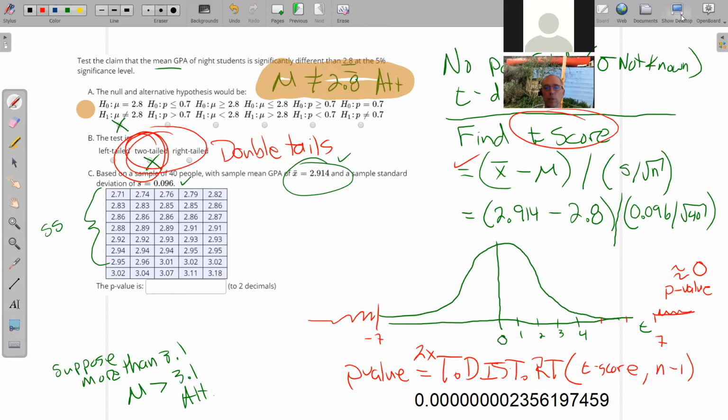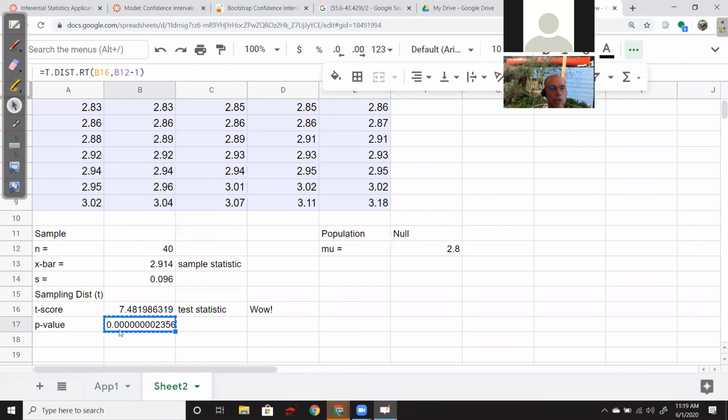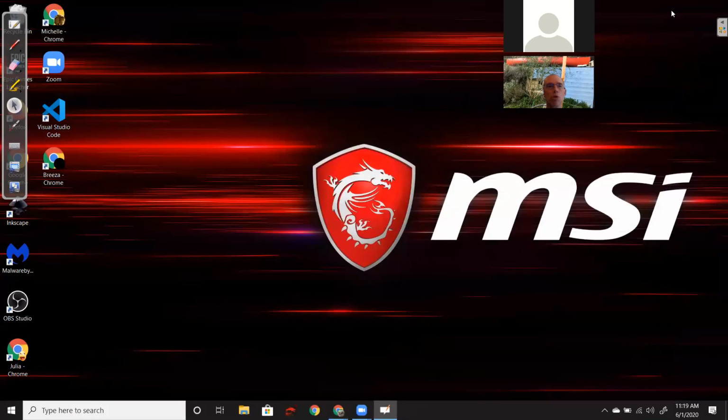So let me fix my spreadsheet. To calculate my p-value here, I actually have to go back here in my formula and multiply it by 2. Okay, but it's still wicked small. It's like 0. If somebody said, hey, what is it to 3 decimal places? It's 0. To 4 decimal places? It's 0. To 5 decimal places? 0, 6, 0. It's 0. There's such a remote chance of this happening.